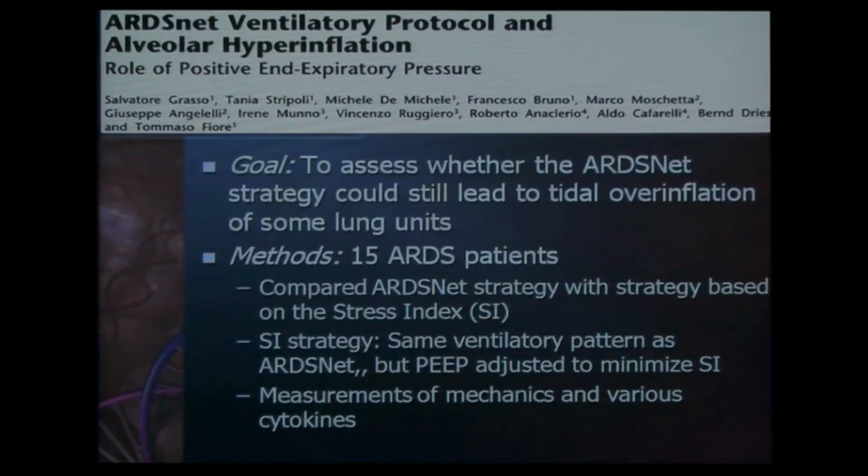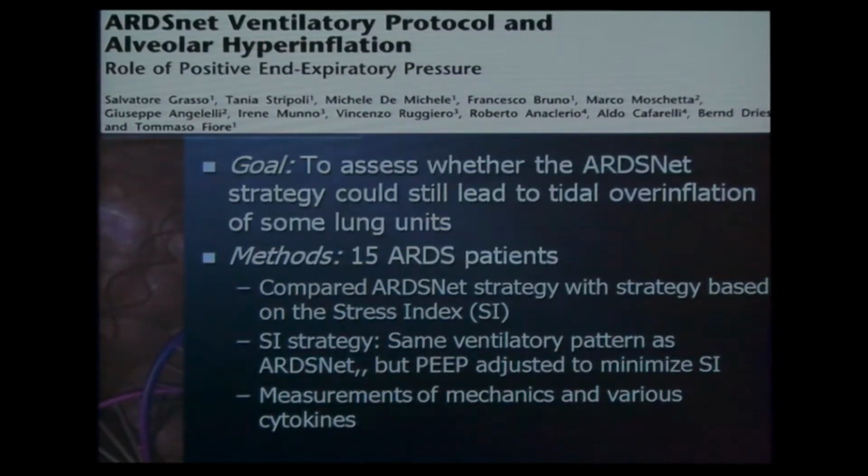I'm not going to go into details of what the stress index is, but essentially there's a parameter B. If that parameter is around 1, there's probably minimal stress. If it's much greater than 1 or much less than 1, you can have either overdistension or collapse and reopening. So what they did was use the same ventilatory pattern as the ARDSnet, but PEEP was adjusted to minimize the stress index.